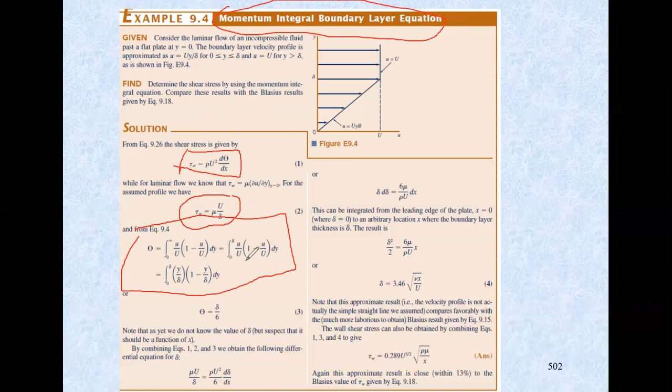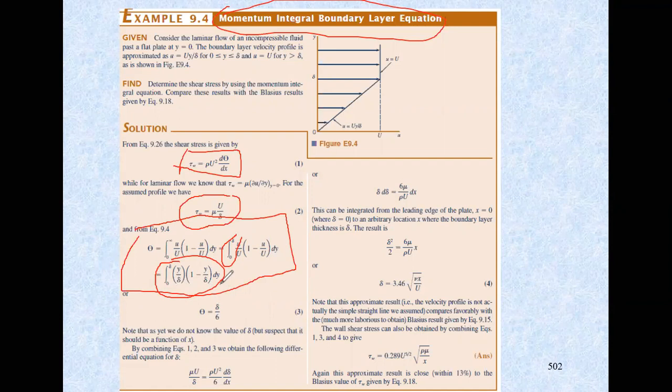And then for our case we can integrate until delta only on this one. So this is your change of the limit, because you only apply for the boundary layer thickness.